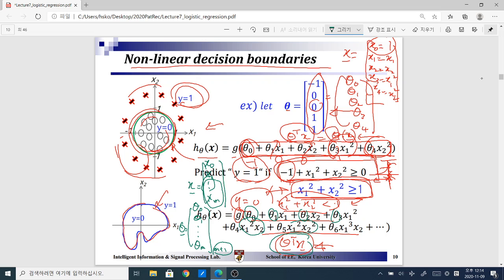For example, this one would be the same as, say, x3, and this one would be, say, x4. This one here, the product of x1 squared and x2 squared, would be, say, x4 and so forth. So by designing this dot product, you can build a very complex decision boundary.